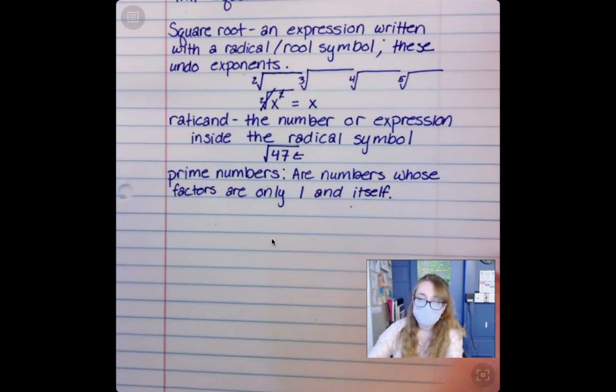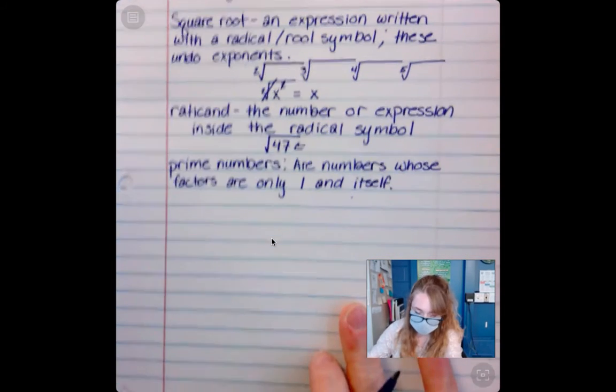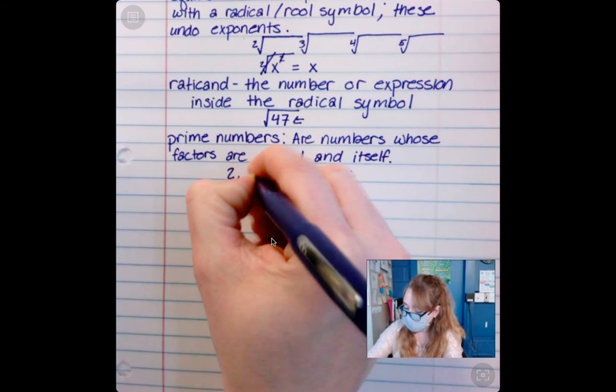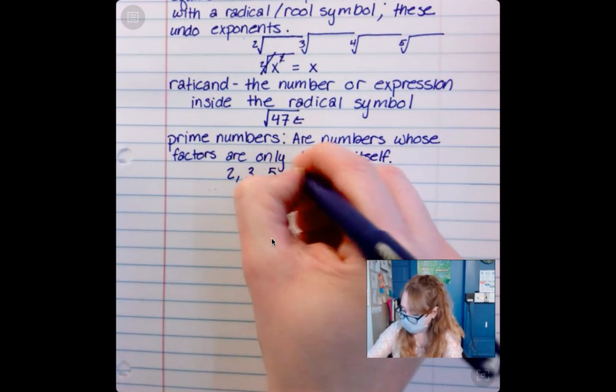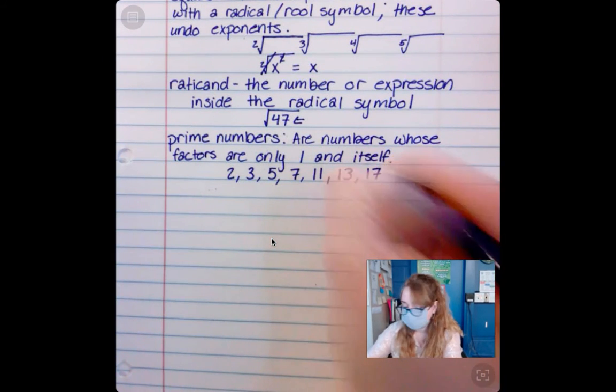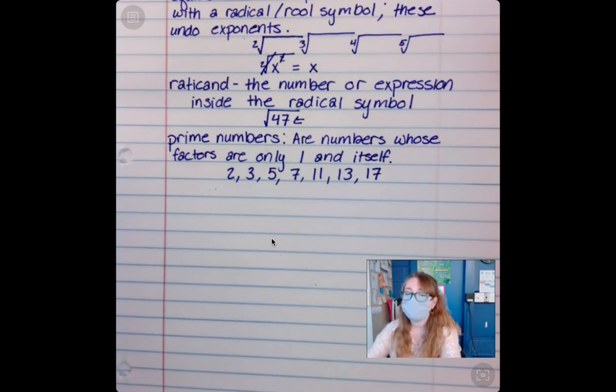All right, so some common prime numbers that we will encounter a lot here are going to be 2, 3, 5, 7, 11, 13, and 17. Okay, nothing multiplies to 2 except for 2 and itself, or to 3, or to 5, 7, 11, 13, and 17. Nothing multiplies to these numbers except 1 and itself. Okay, so these are prime numbers.